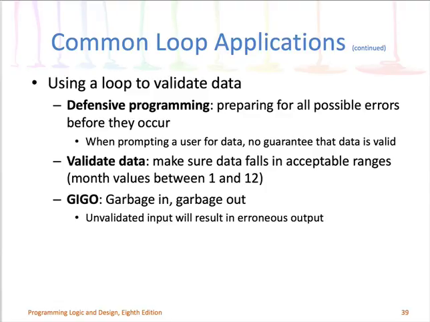One saying that's been around for decades in programming is garbage in, garbage out. If you don't check or validate your data and the user types garbage, that is something you did not intend, then you really do not know how your program is going to handle that if you don't have some error checking or data validation.